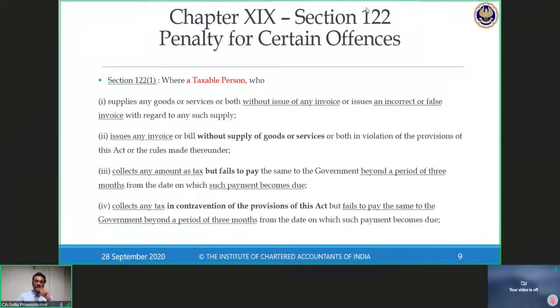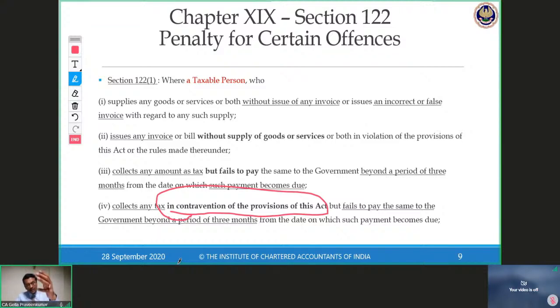Now, the above element says collects and fails to pay. This element says collects the tax in contravention of the provisions of this Act. Example, composition. You are not supposed to collect a tax under the composition scheme. You have collected it and not paid. You have collected a tax under composition, so you are violating the contravention norms. This is a serious offense which we have to keep in mind.